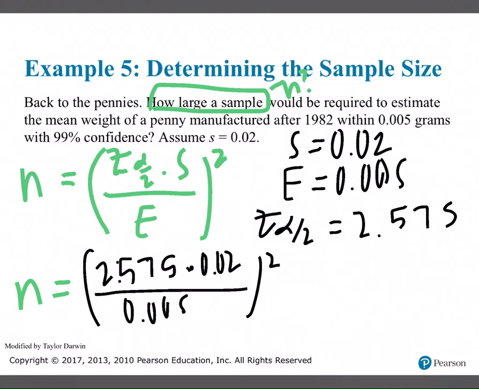Put that in your calculator. 2.575 times 0.02 divided by 0.005. Square that.